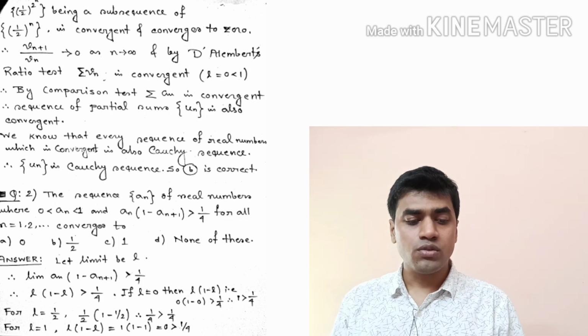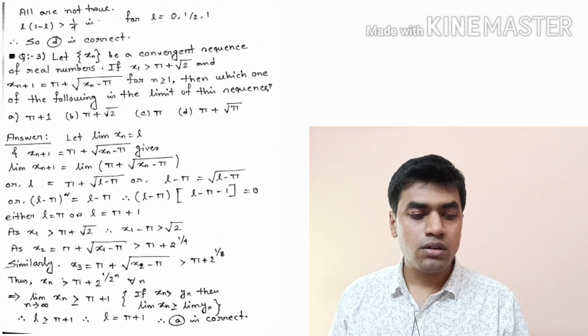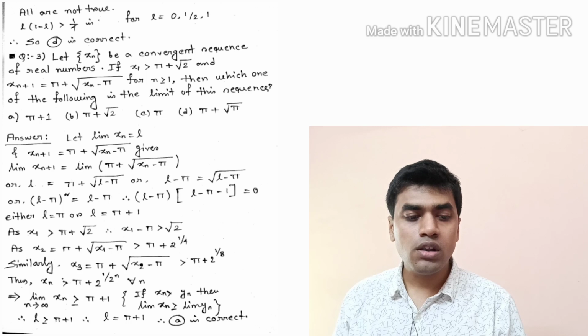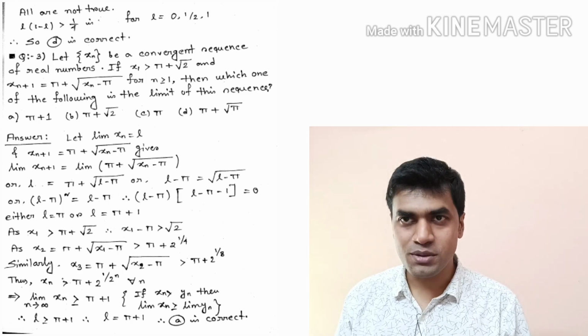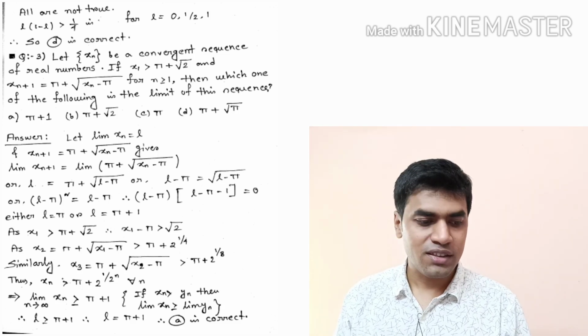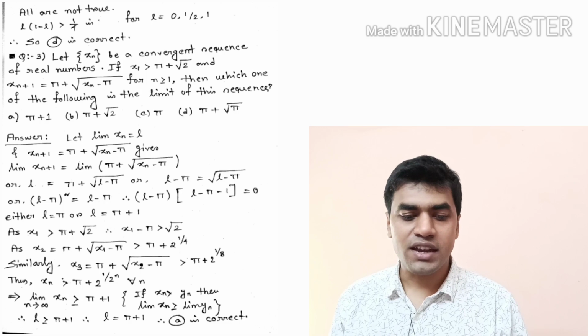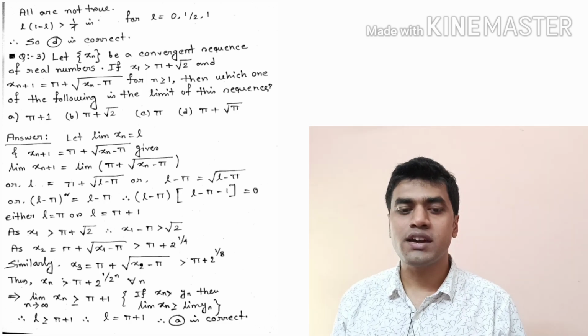Now we come to slide 3. On slide 3 we observe that all are not true except the fourth possibility, that is none of these, that is D is correct, since the previous 3 options are incorrect.